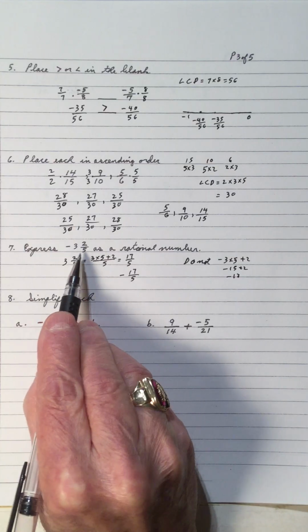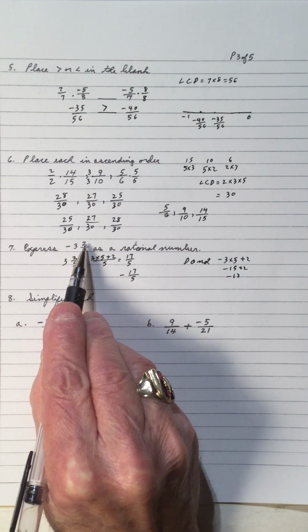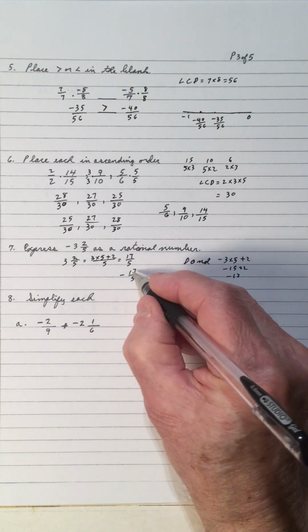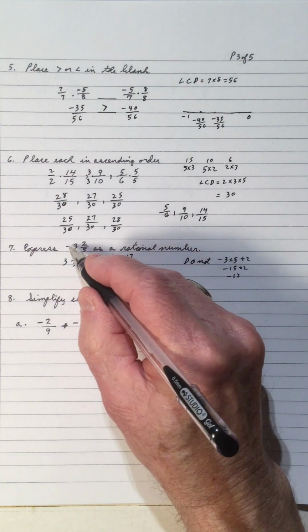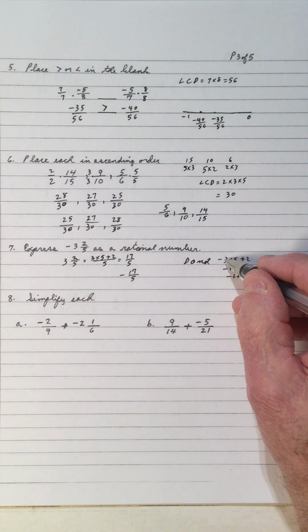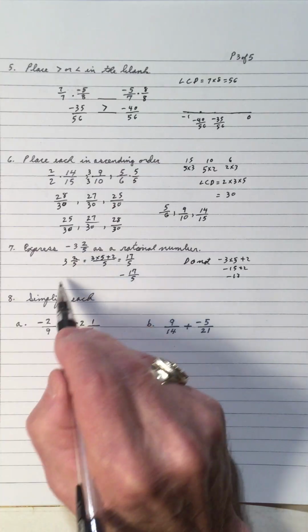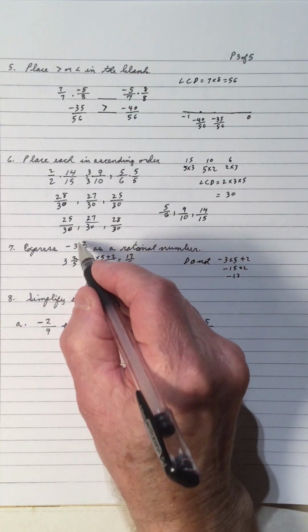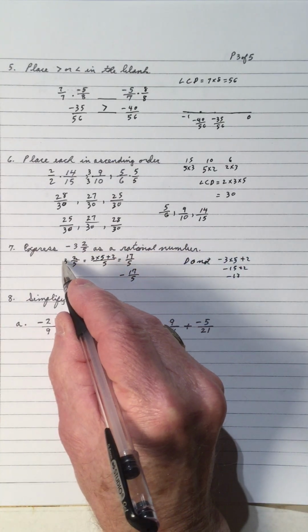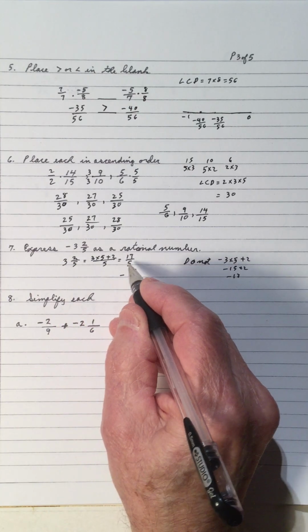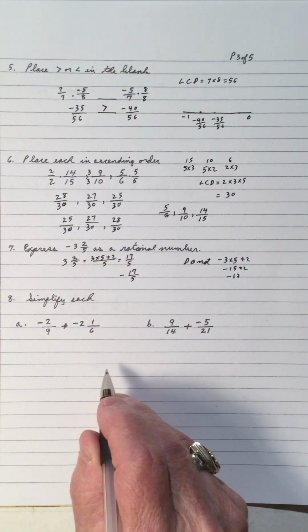You multiply 3 by 5 to get 15, plus 2 is 17, and make the fraction negative. This is a negative number, but you do 3 times 5 and then add on 2. So again, you look at the 3 and 2/5 as a fraction and then make it negative.